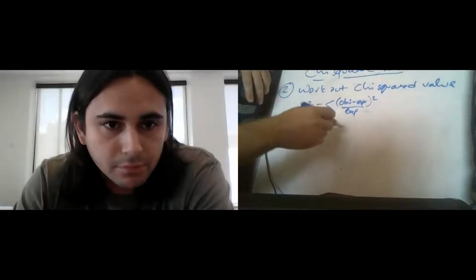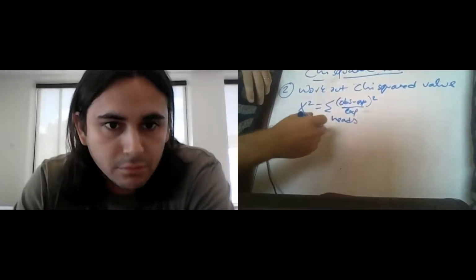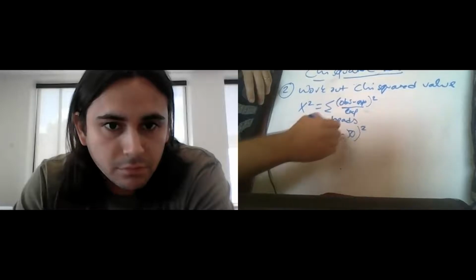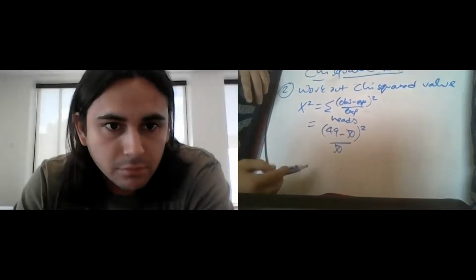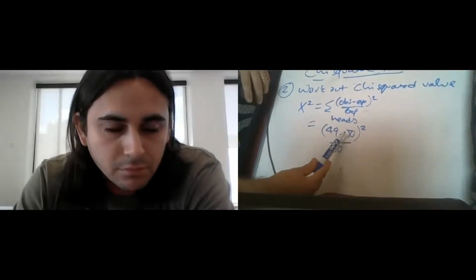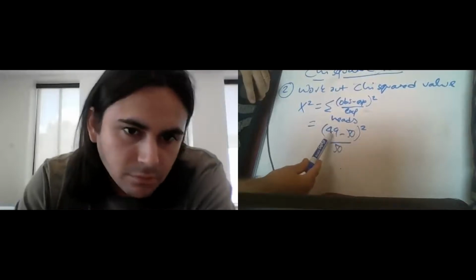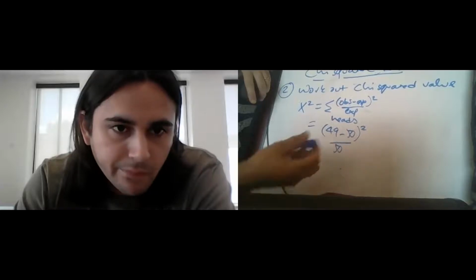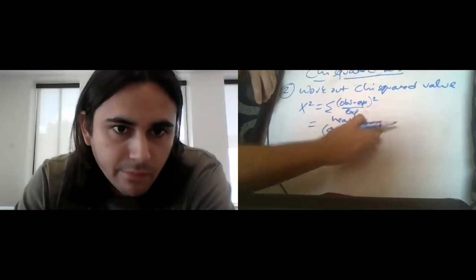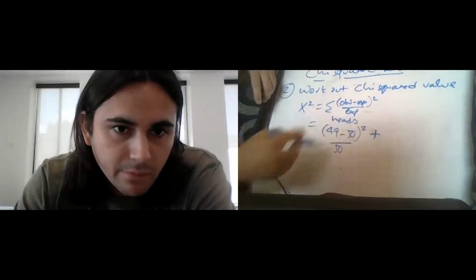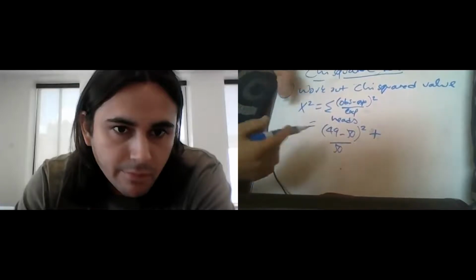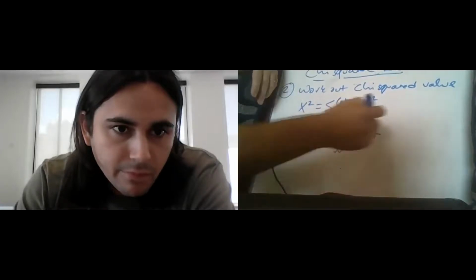So the first one would be for heads, which will be, let's say, 49 minus 50, squared, over 50, because we expected 50 heads. We actually got 49, right? But we also have to do the other condition, which is tails.